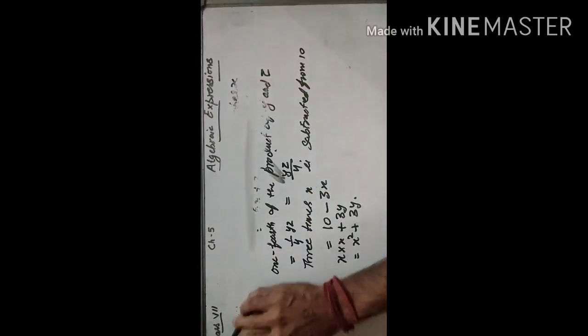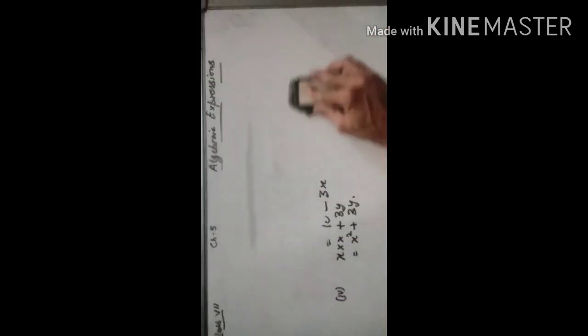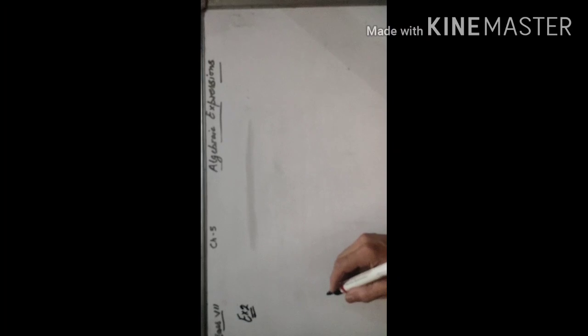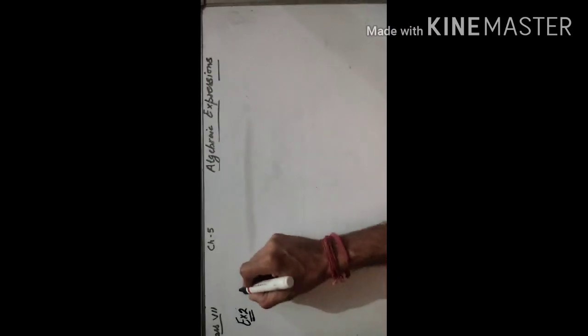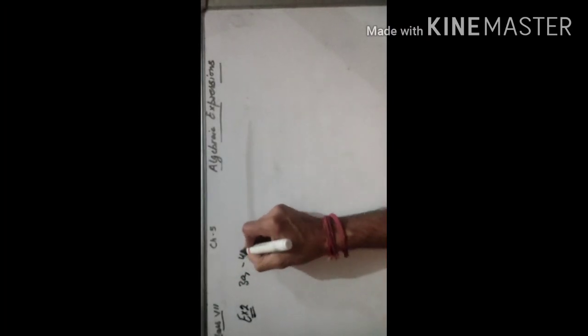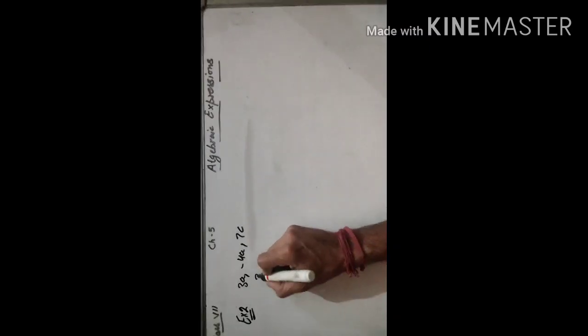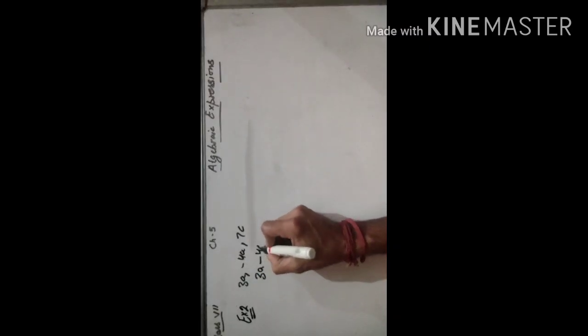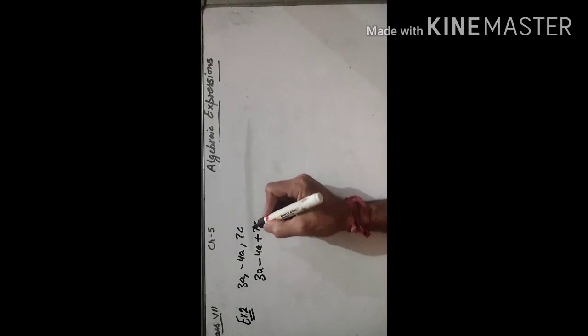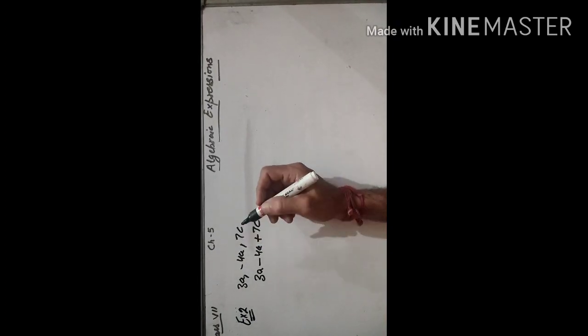Now example number 2. Write down the algebraic expression whose terms are 3a, minus 4a and 7c. Simply you have to write 3a minus 4a plus 7c, where the sign is not there we have to put a plus sign.